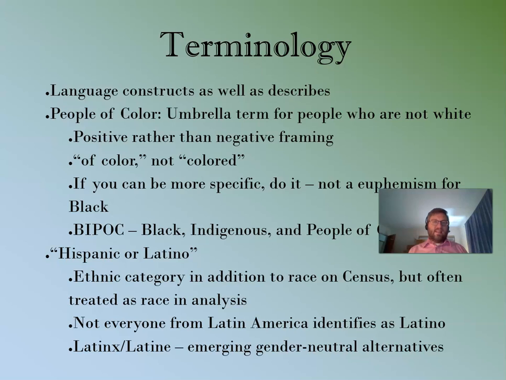But what you'll often see in analyses that are done using census data or data collected on that same format is that this Hispanic or Latino category will be broken out and treated as an additional racial category.